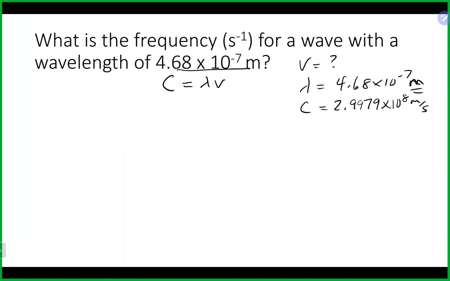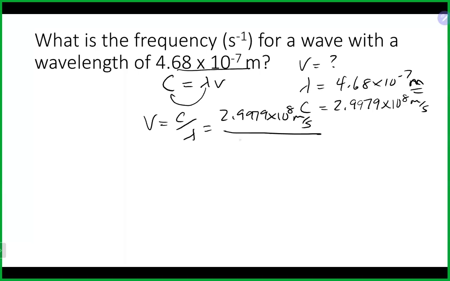So rearranging this, we're just going to divide that to the other side. Gives us the frequency is c divided by the wavelength. So we'll take 2.9979 times 10 to the 8 meters per second divided by 4.68 times 10 to the minus 7 meters. Those will cancel. When we divide this, the reciprocal seconds will be there, and we will end up with 2.9979 to the 8.